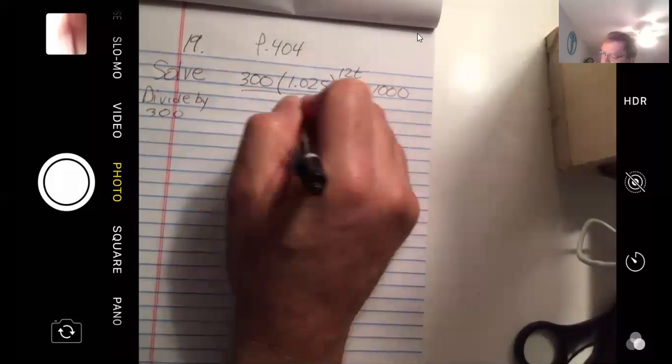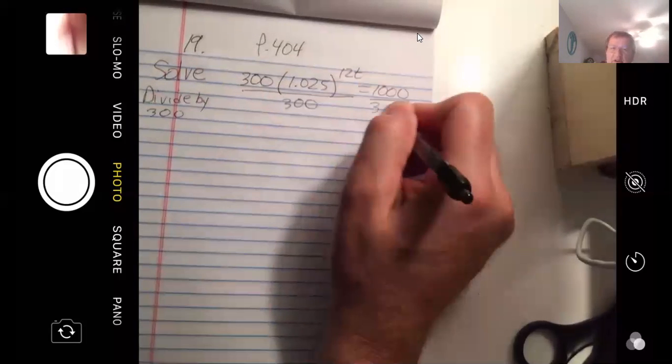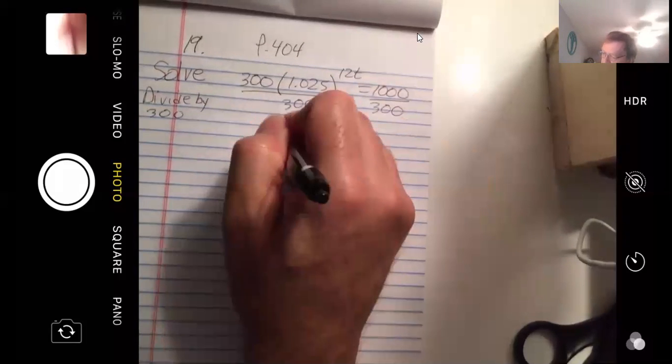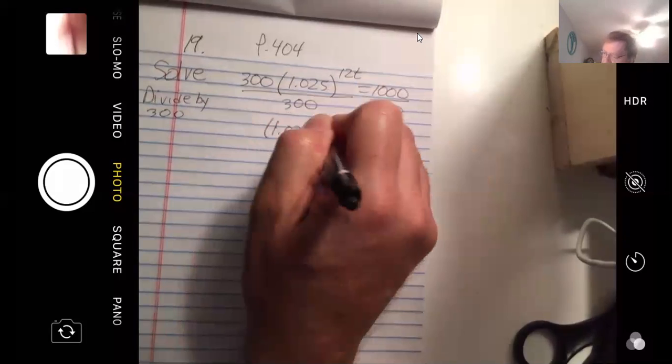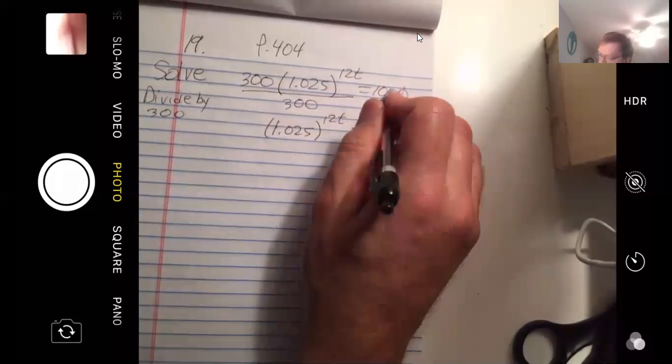But I would first divide by the 300. It doesn't go evenly, so rather than write out decimals, I'm going to leave it 1.025 to the 12t. I'm going to reduce it. You can cancel out 2 zeros, 10/3.